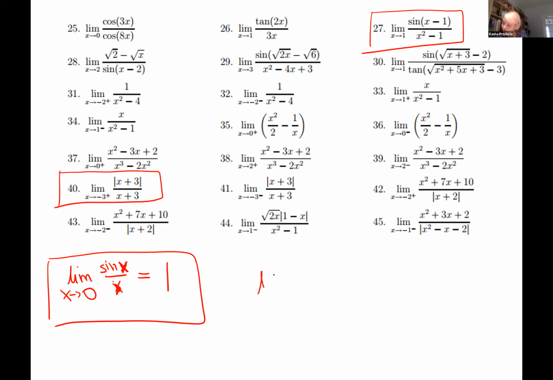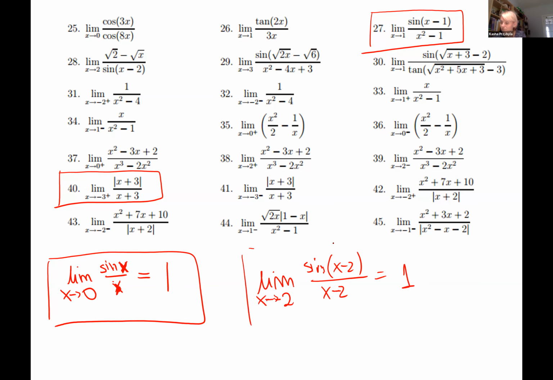That means when we have a limit, for example, sine of x minus 2 over x minus 2 as x goes to 2, we also have sine of 0 over 0. This will be 1.